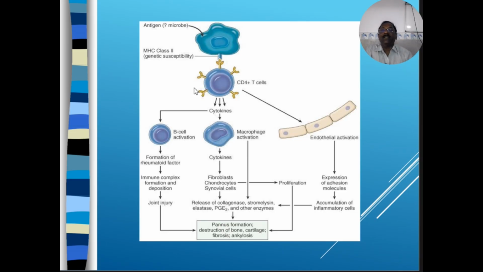So these are all the antigens, CD4 T cells. Already this slide was shown to you last week. So the B cell activation, macrophage activation, and then the endothelial activations. Finally the pannus formation. So the pannus, I showed you the picture of your synovial membrane destruction, etc., and new bone formation, etc. So these are all the pathophysiological ways of causing the endothelial activation, macrophage activation, B cell activation.